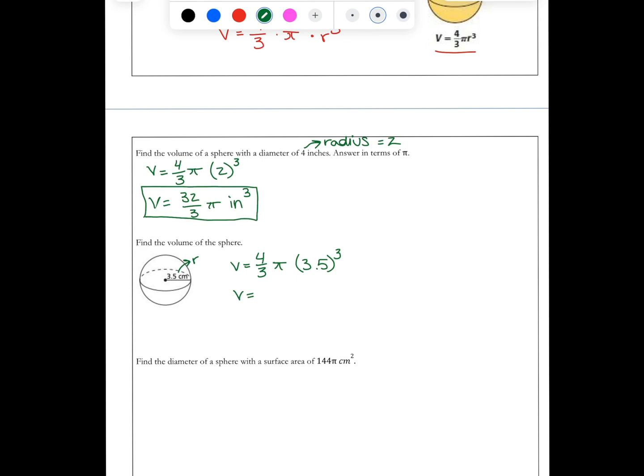This question doesn't specify if they want it in terms of pi or rounded to a decimal place, so I'm going to say let's round it to 1 decimal place. So if you put all of that into your calculator, you will get 179.6 centimeters cubed. And that would be your answer rounded to the 10th place or 1 decimal place.